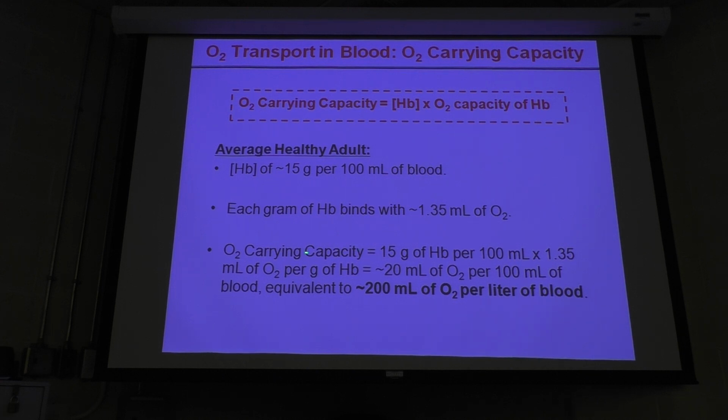So if you calculate it out, 15 grams of hemoglobin per 100 mLs of blood times 1.35 mLs of oxygen per gram of hemoglobin gives you about 20 mLs of oxygen per 100 mLs of blood, which is equivalent to about 200 mLs of oxygen per liter of blood.